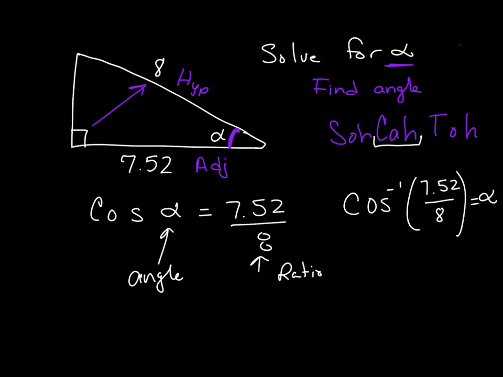Now, it's really important that this is not confused with an exponent. That does not mean -1 as an exponent. What we're asking is that we want to do the inverse of the trig function. The inverse of the trig function will equal the angle, where the regular trig function is the ratio of the sides.